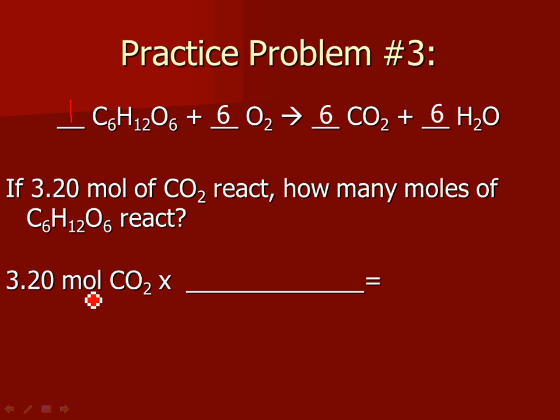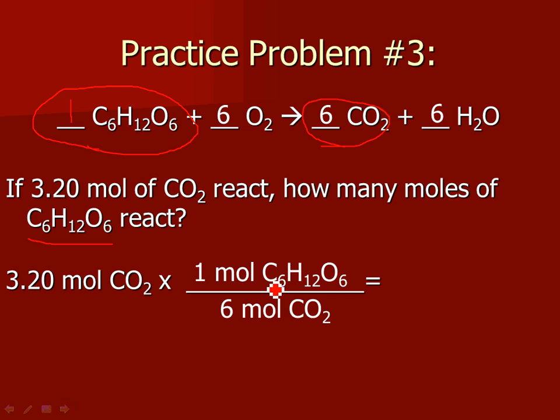So if we have 3.2 moles of CO2, we want those units to cancel. So looking at our equation, we've got 6 moles of CO2. We want to get to how many moles of C6H12O6, so that's going to go on the top. You can see there's only 1 mole needed for that.